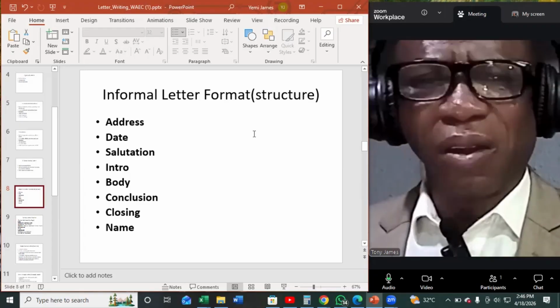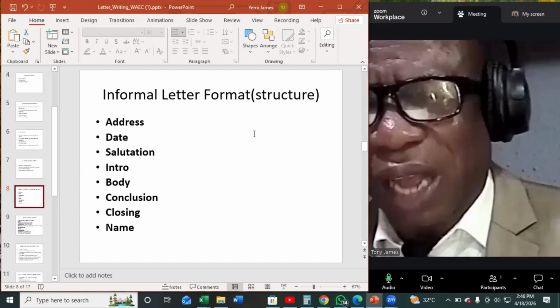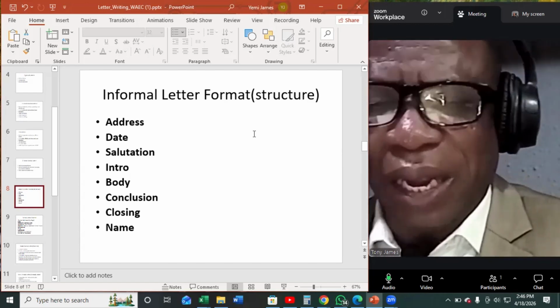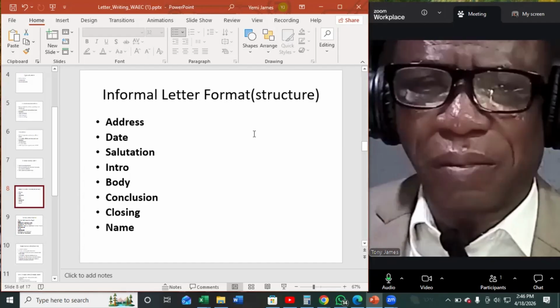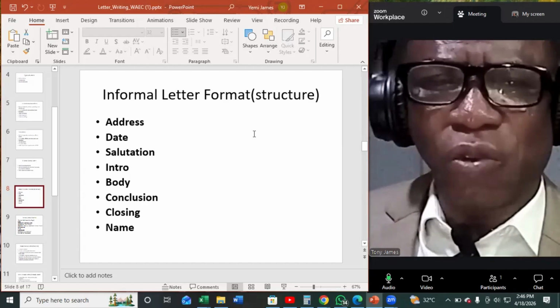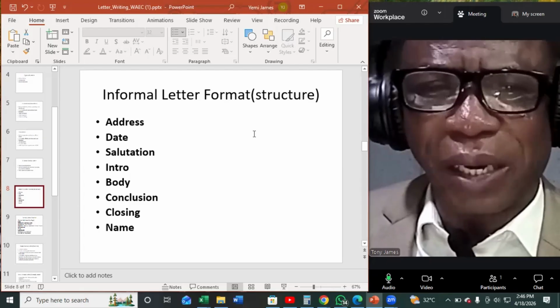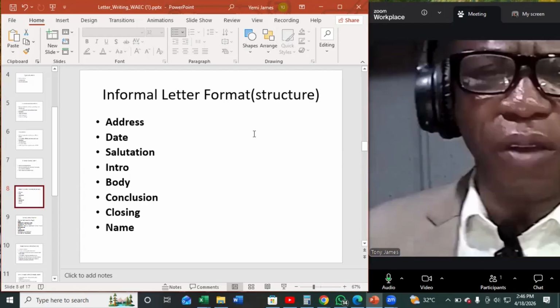Then, coming immediately after the address of the writer is the date. We have the date coming in the next line after the last line of the writer's address. And this date has to be properly written and punctuated. We will show you how you write the date of an informal letter.